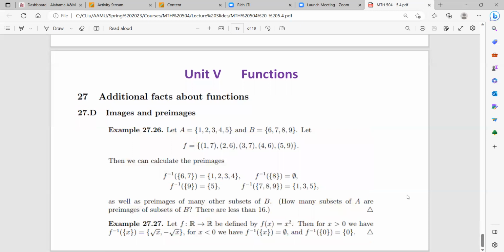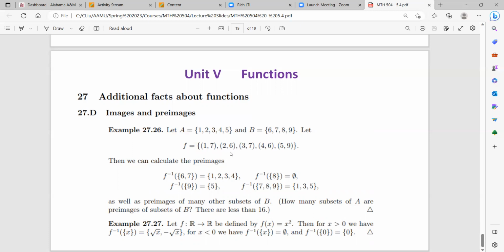Okay, so let's just do one example here. We have two sets, A and B. Set A has 5 numbers, 1 to 5, and set B has 4 numbers, 6 to 9. And let's just define a function from A to B by pairing numbers in A with numbers in B. So we have 5 pairs, of course, because each number in set A needs to be paired with some number in set B by definition to make a function.